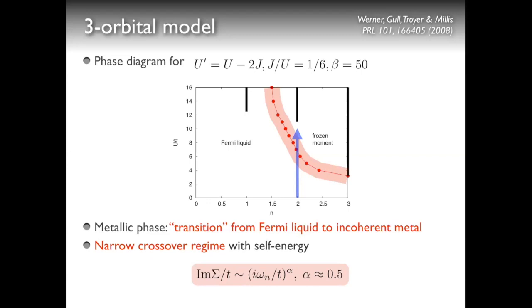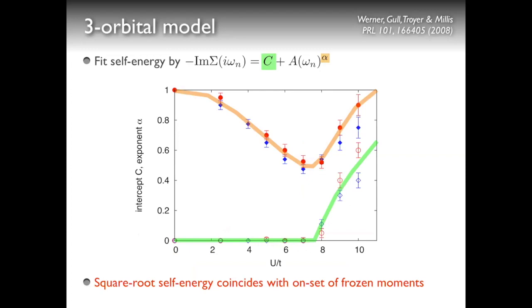And to demonstrate this, let me show on the next slide how the self-energy varies along this blue arrow here as we increase the interaction for fixed n equals 2. So what I did here is to parameterize the self-energy by the form constant plus constant times frequency to the power of alpha, and what is plotted in the figure is the exponent alpha and the constant c.